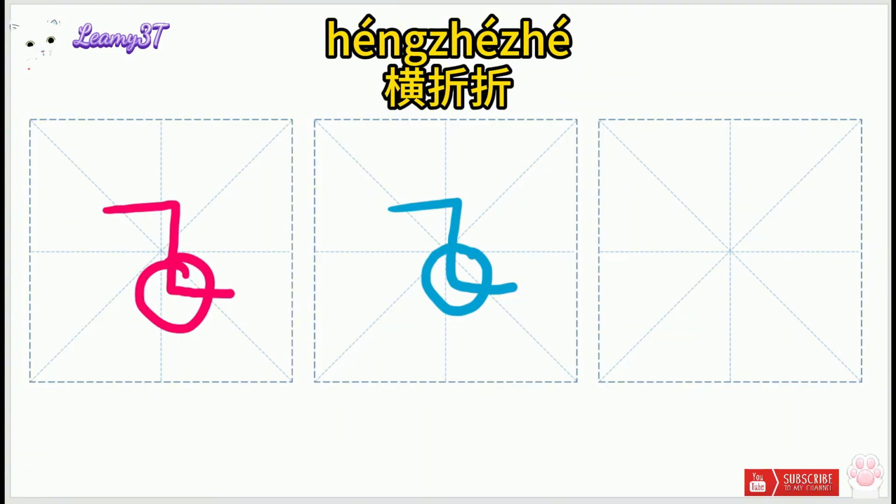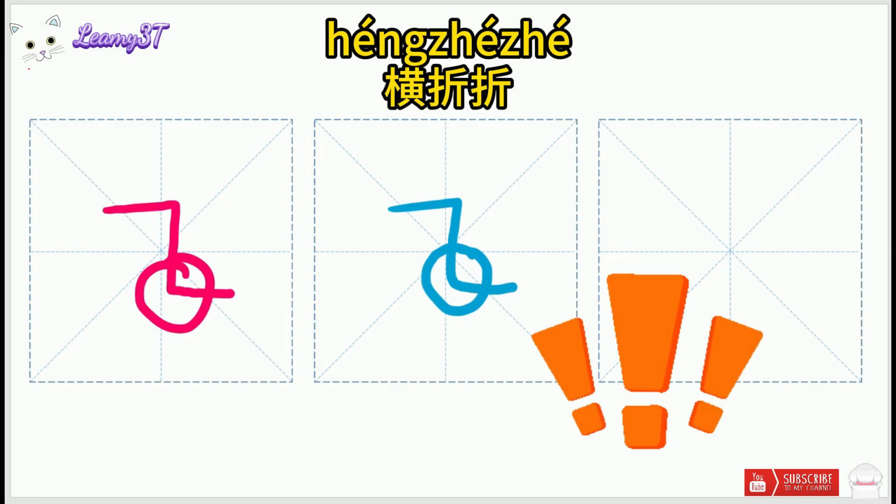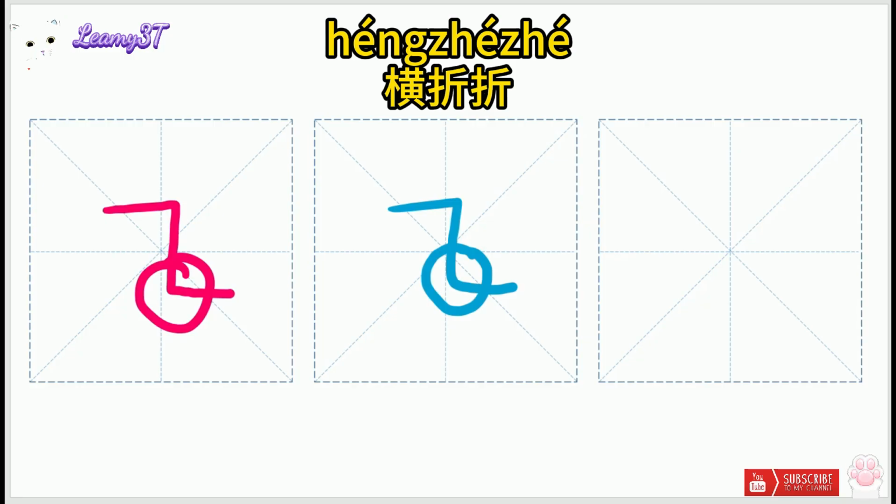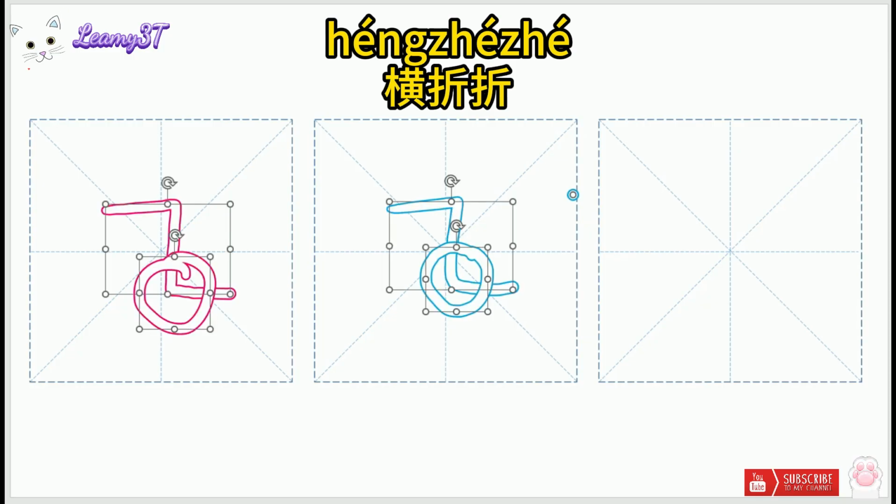Regardless of which stroke it is, please note it is written in one continuous motion. It must not be separated into two strokes. Now let's read and write together. Say the stroke.